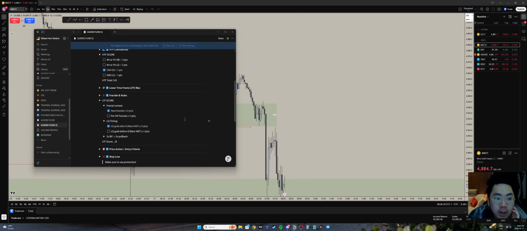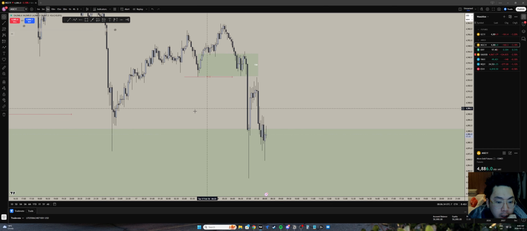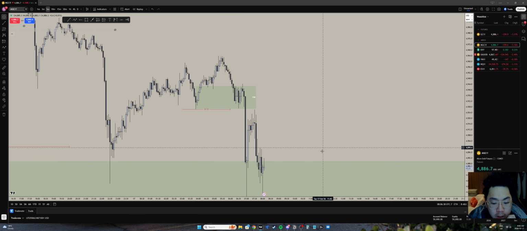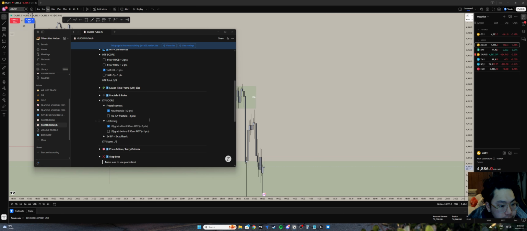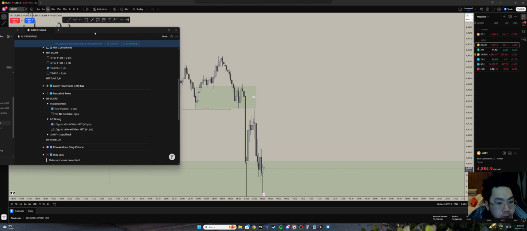I need at least something with 4 hour or 1 hour, right? And I know we were in this 4 hour previously, but this is from like yesterday, so I need to see a more recent action. So this could have been 1 point on the higher time frame.